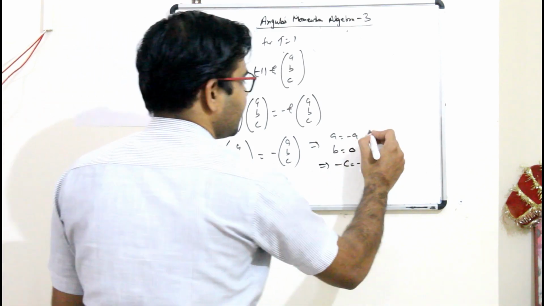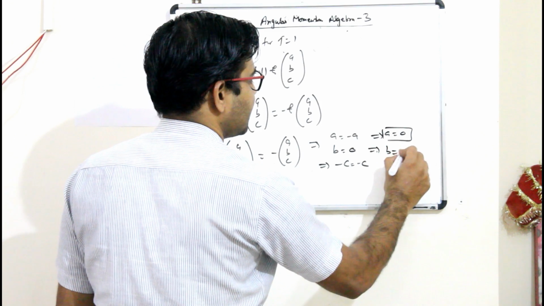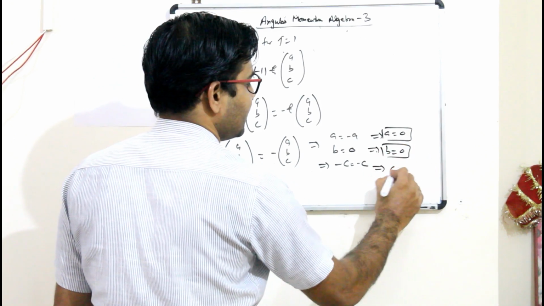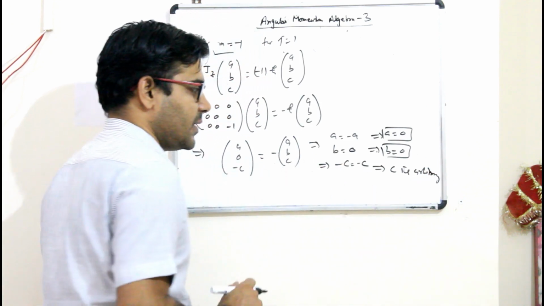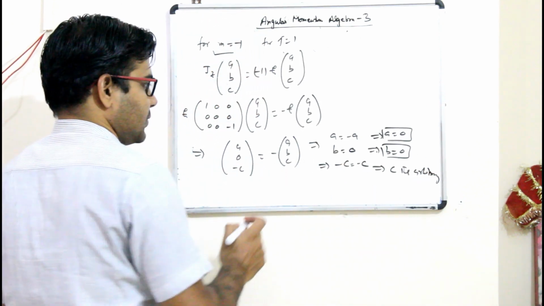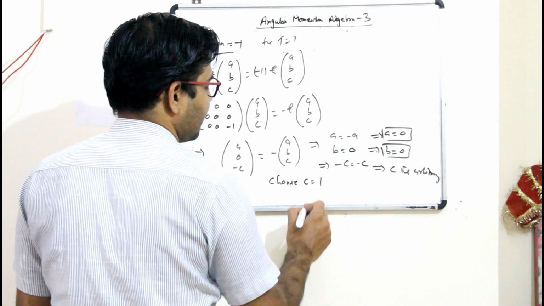So from this we see that a is 0, b is 0, and c is arbitrary because this is true for any value of c. We choose again for simplicity c equal to plus 1.